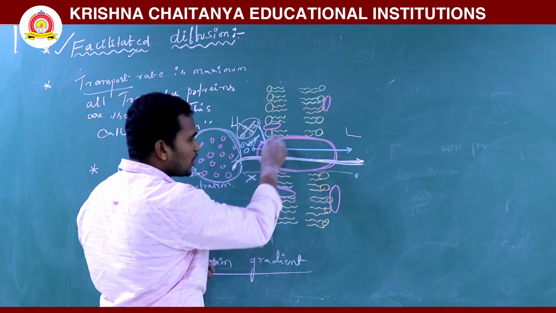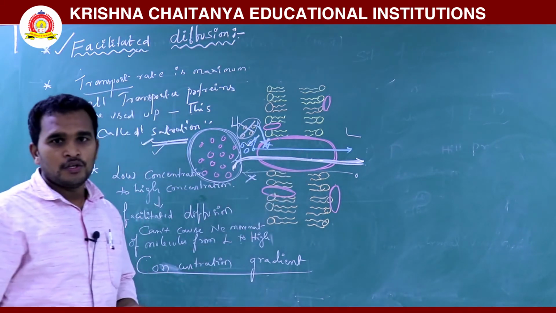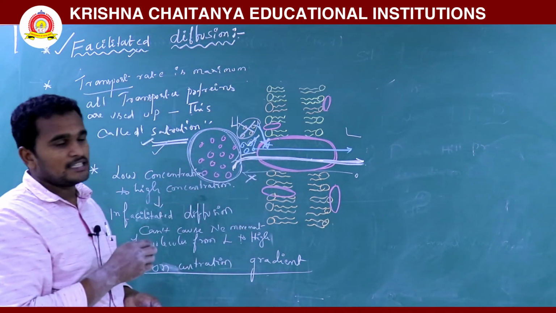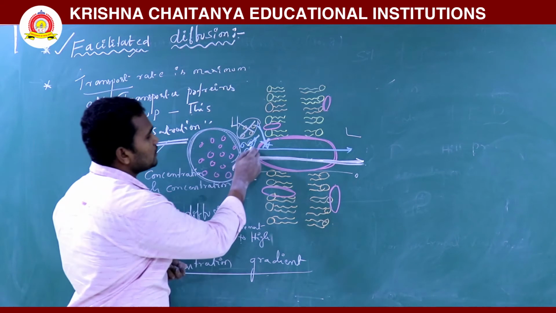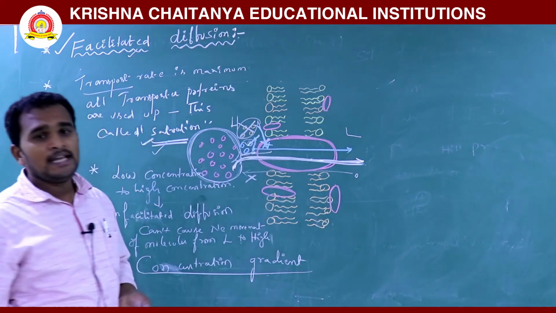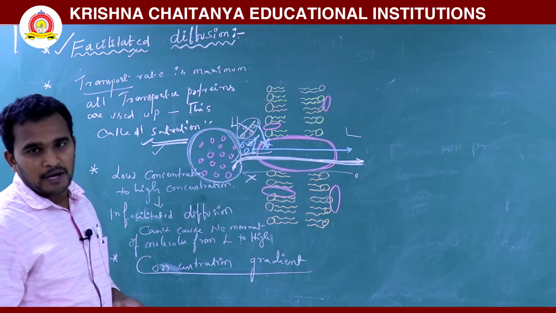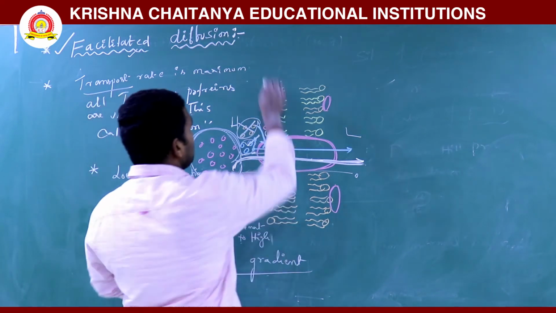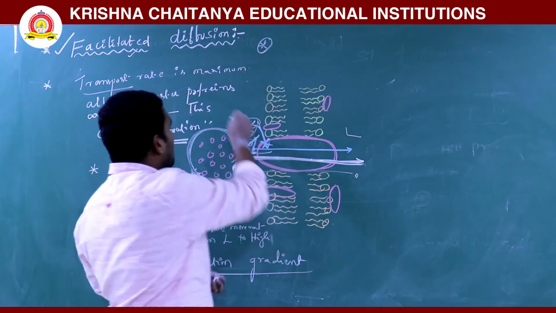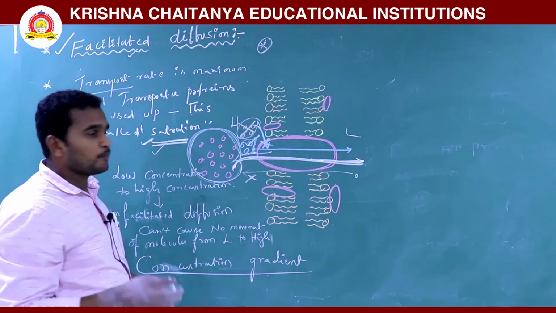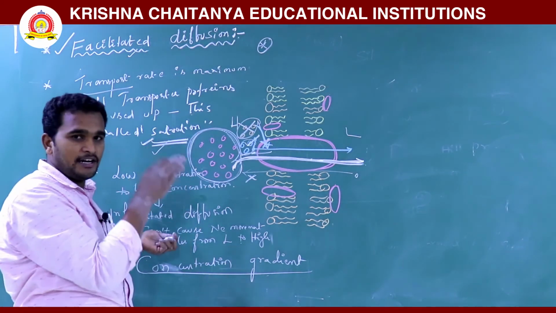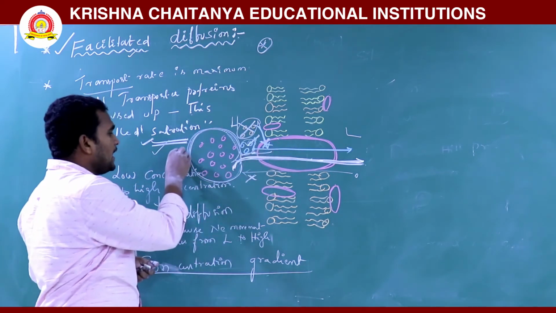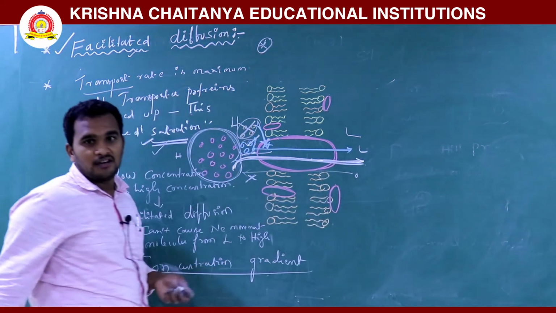The protein function is stopped, and then automatically the transportation also stops. So highly selective means very specific, and only some selected substances pass. The concentration gradient is already present, and that only is transporting from high concentration to low concentration.